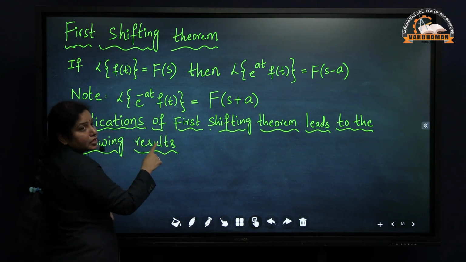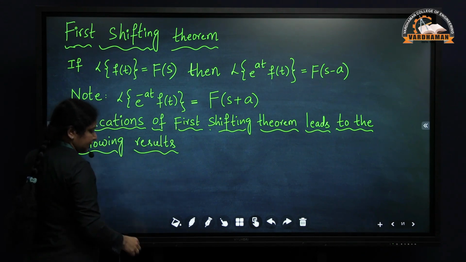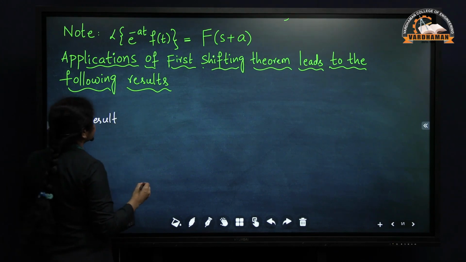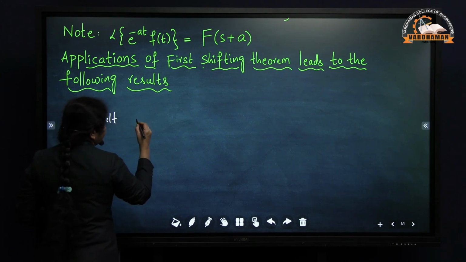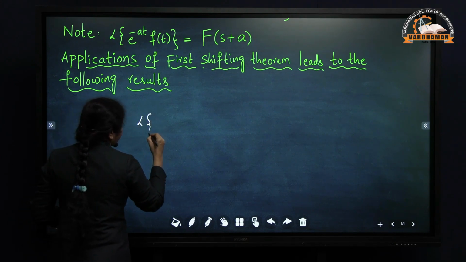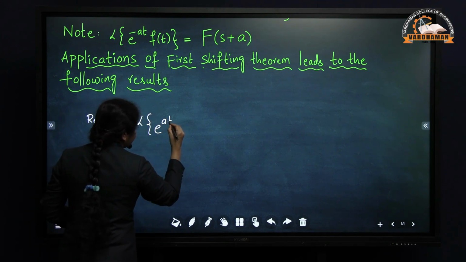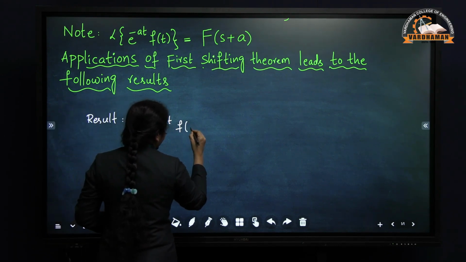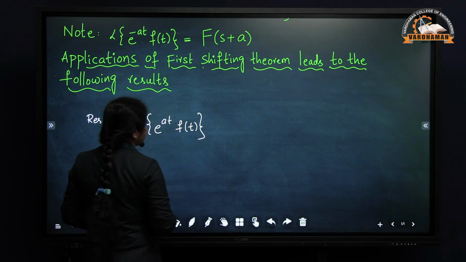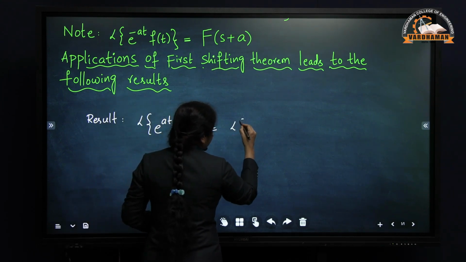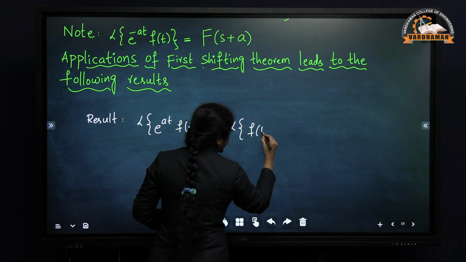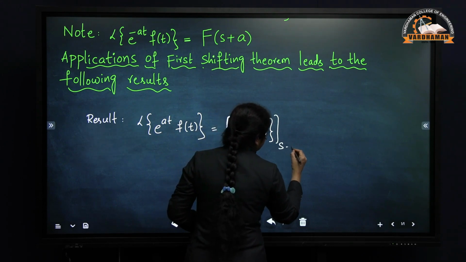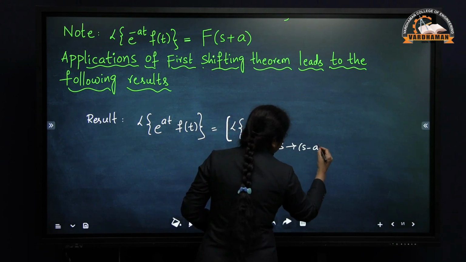Now, applications of the first shifting theorem lead to the following results. As per the first shifting theorem, I am considering the term Laplace transform of e power at f of t. To evaluate this, first I need to find the Laplace transform of the function f of t, and in this formula I need to change s to s minus a.